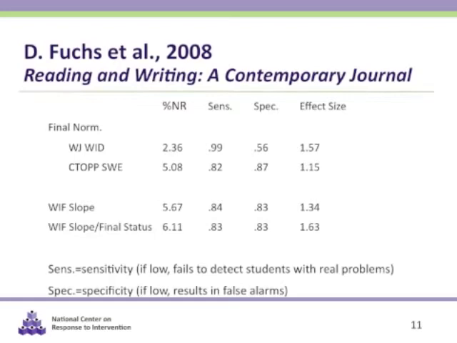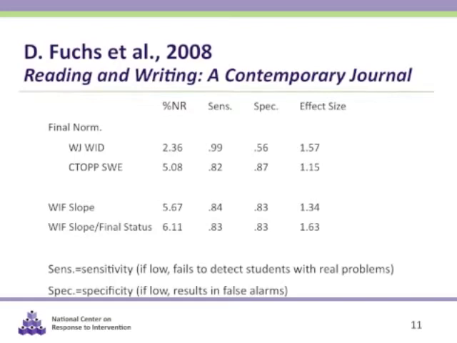So using the Woodcock Word ID measure in combination with a cut point of the 25th percentile at the end of tutoring, we would have put many students into tertiary prevention when, in fact, those students looked fine at the end of second grade.